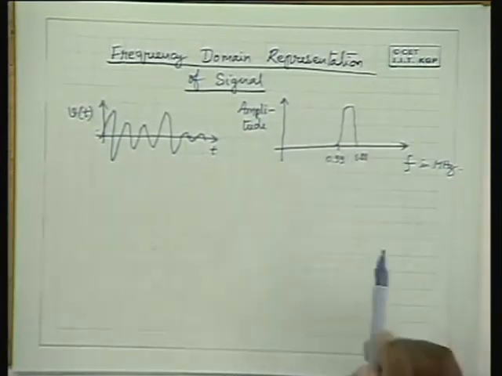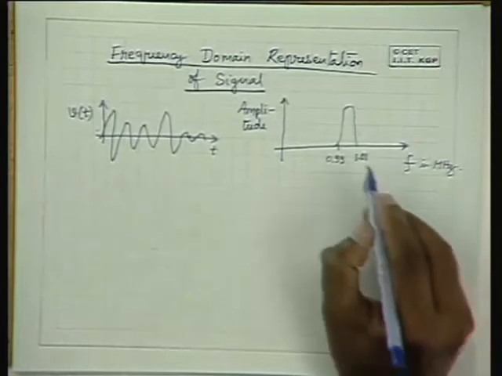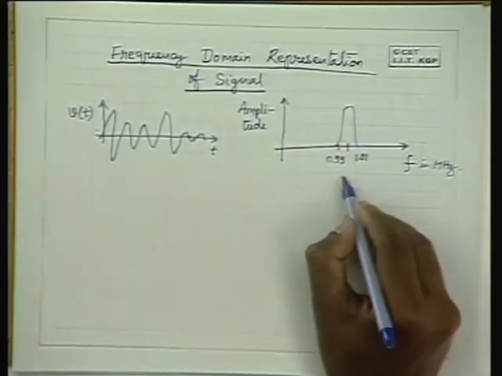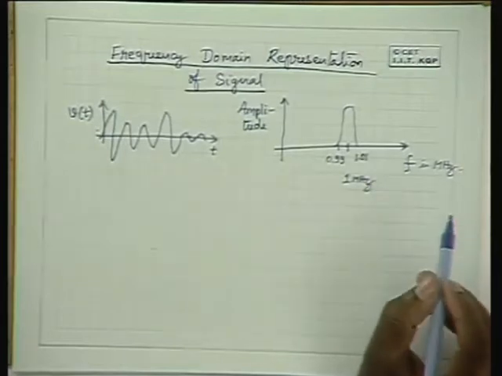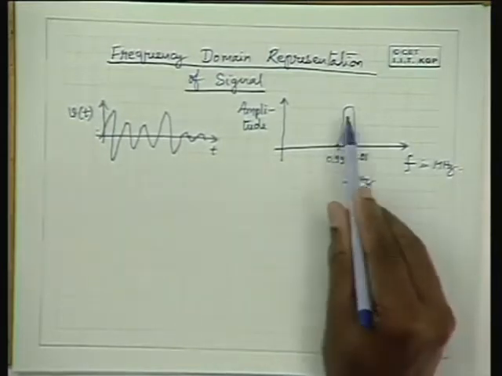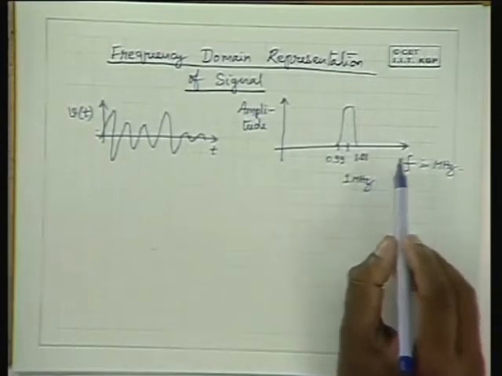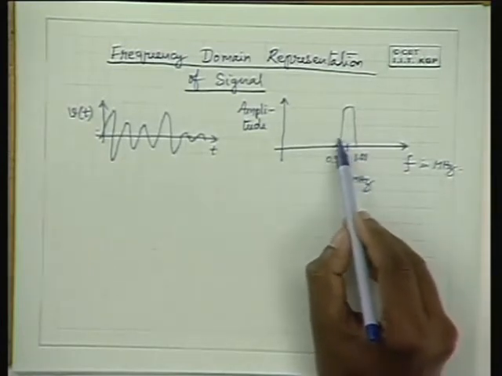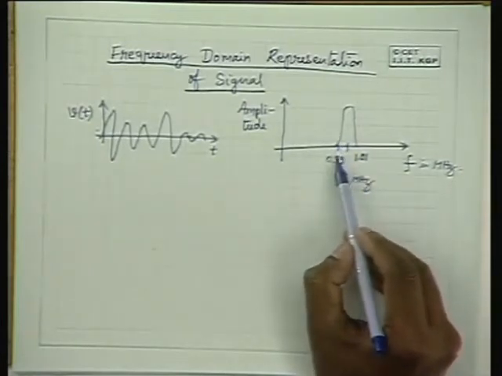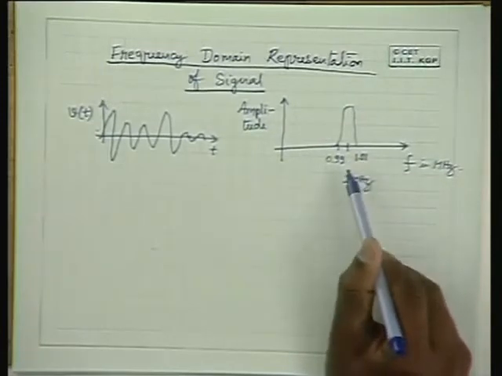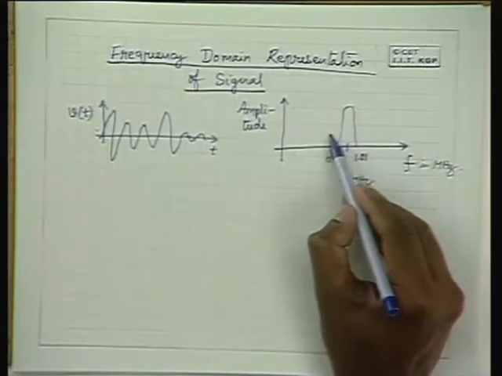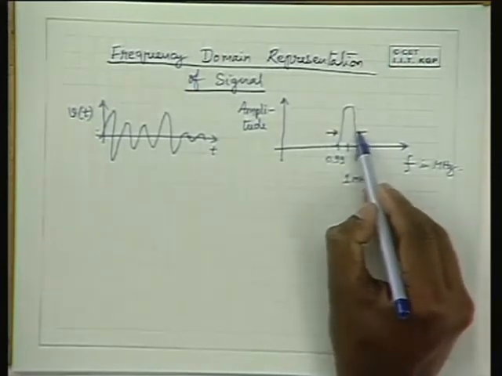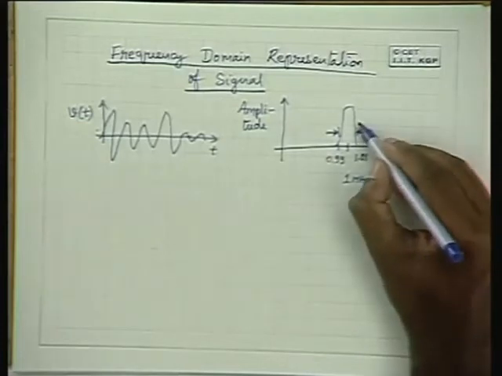And when you look at it, what do you understand? You understand that the signal is centered around 1 megahertz. It's a narrowband signal with the frequency components ranging from 990 kilohertz to 1010 kilohertz. That means the bandwidth of the signal is 20 kilohertz.